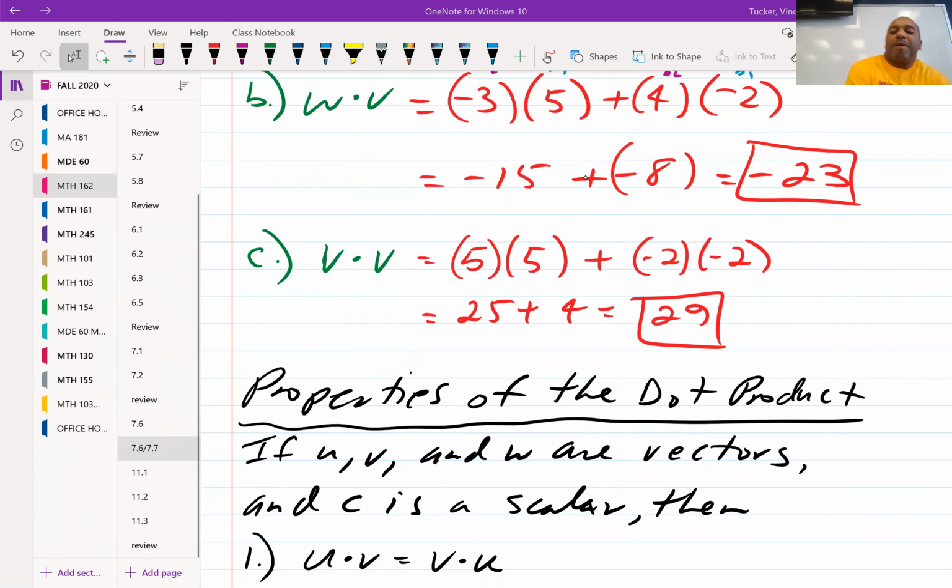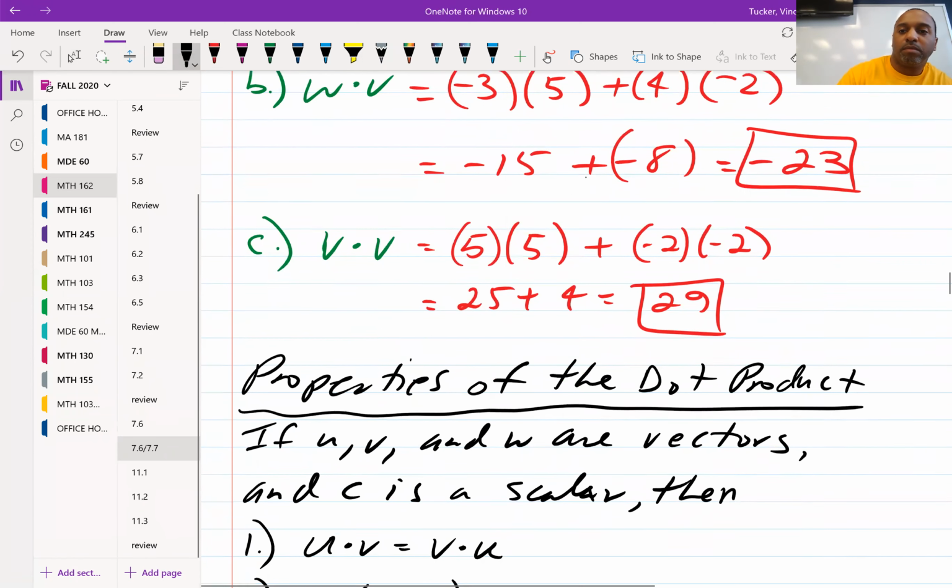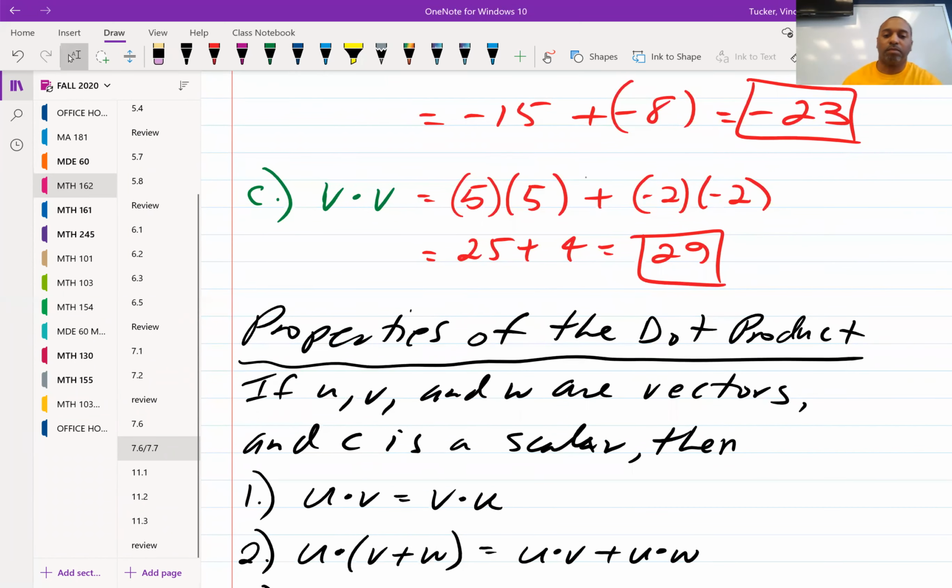So properties of dot product. U, V, and W are going to be vectors for us. C is going to be a scalar. So with our previous example, we just showed you how that one works.